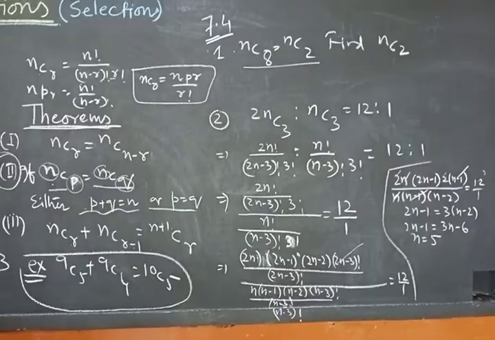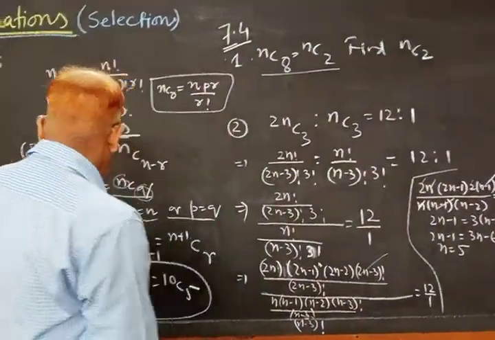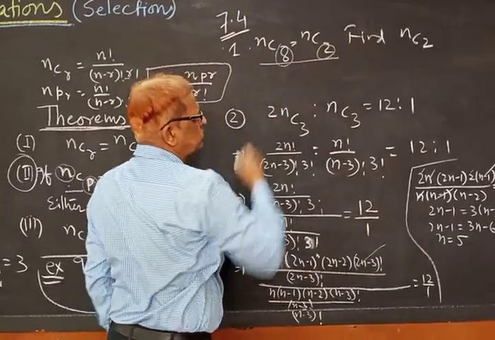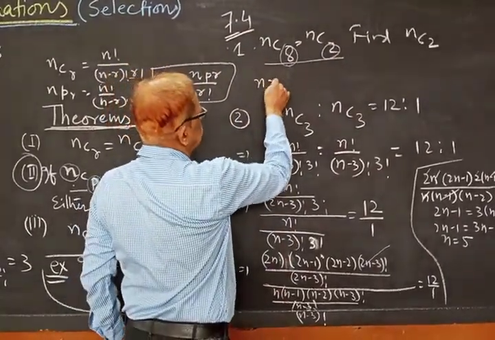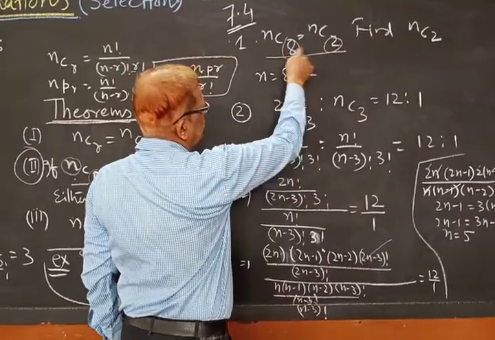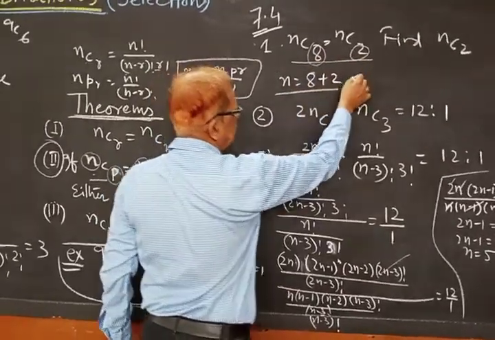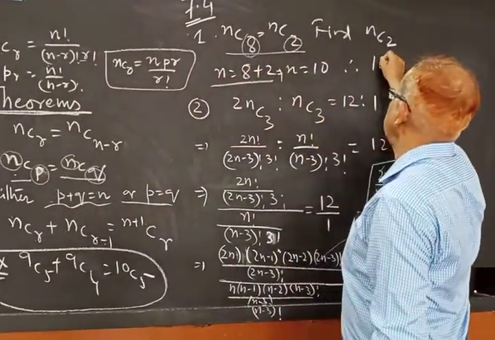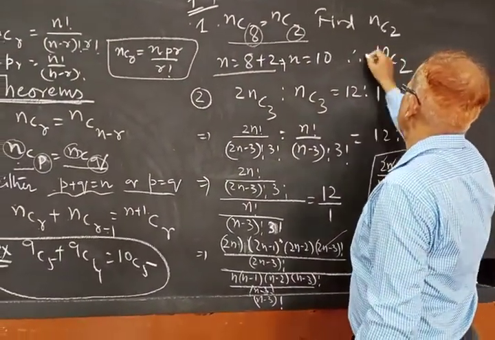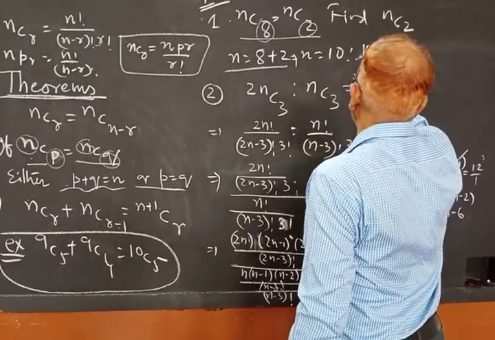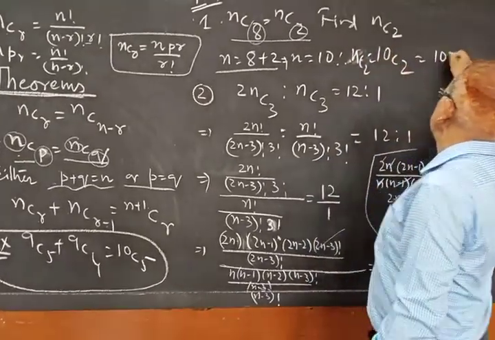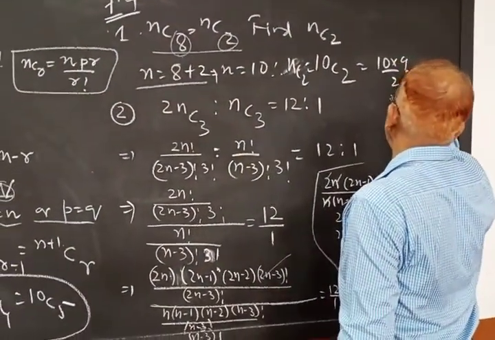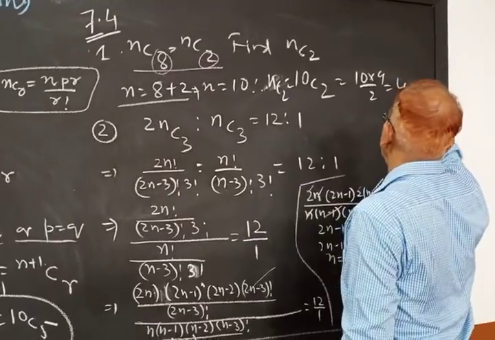By using this theorem, if nCp is equal to nCq, either p is equal to q or n is equal to p plus q. Since p is not equal to q, we take the second, so n is equal to 10. Therefore, you have to find 10C2, that is 10 into 9 by 2, that is 45.